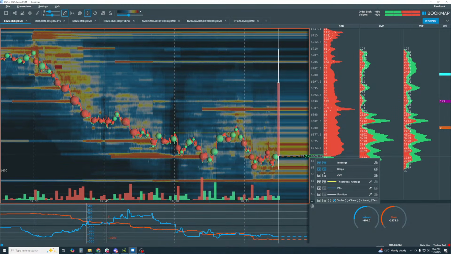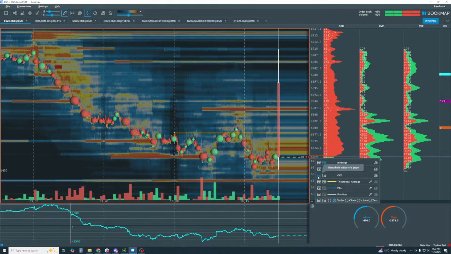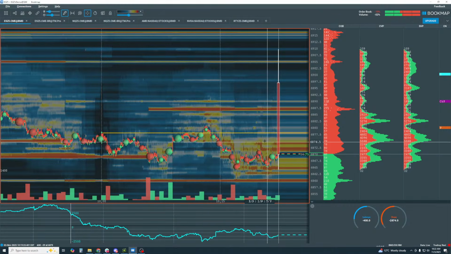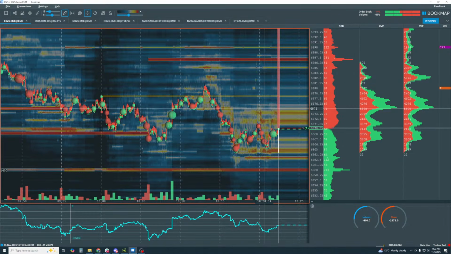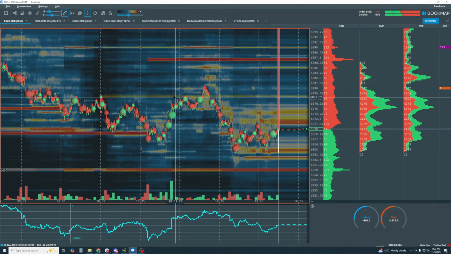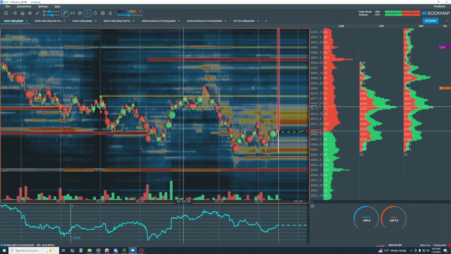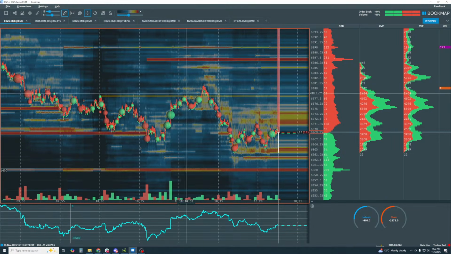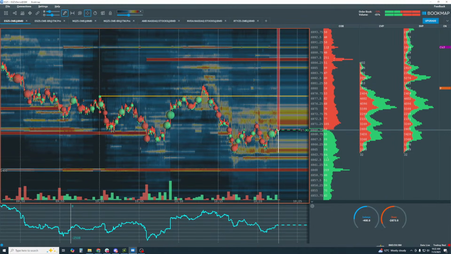In fact, we can even look at the CVD in here, and you can see the divergence. Now you don't necessarily need to look at CVD to tell you. You most likely know that all of this buying in here, and then compare this selling to this selling.